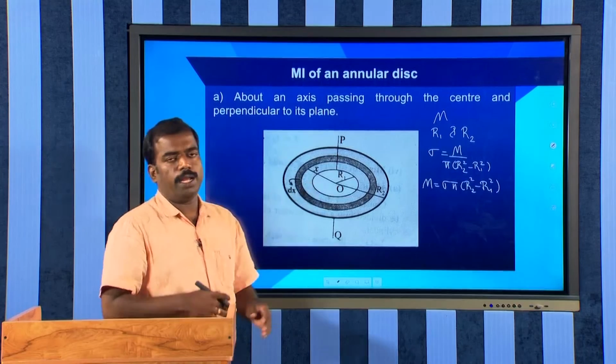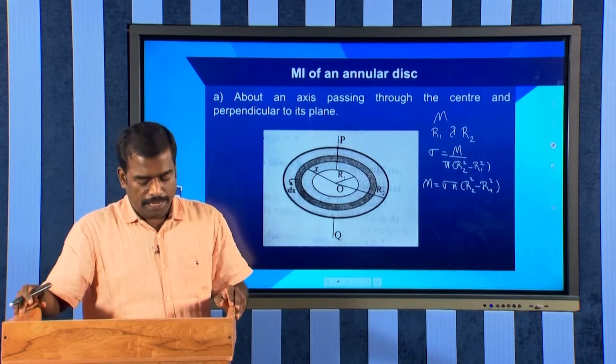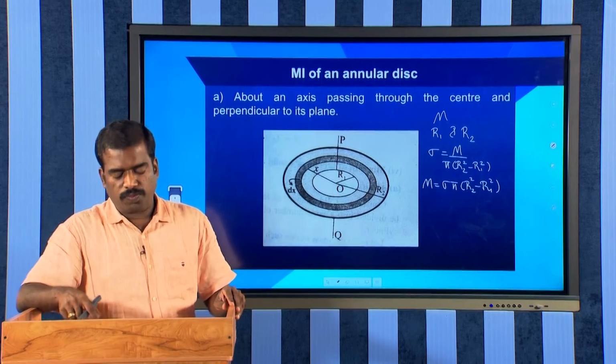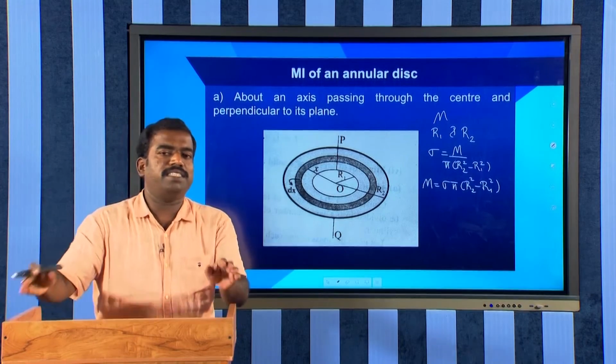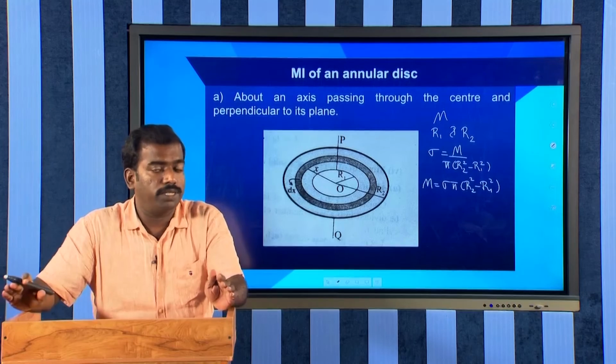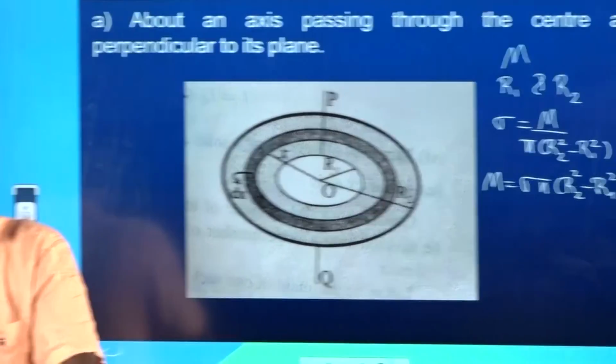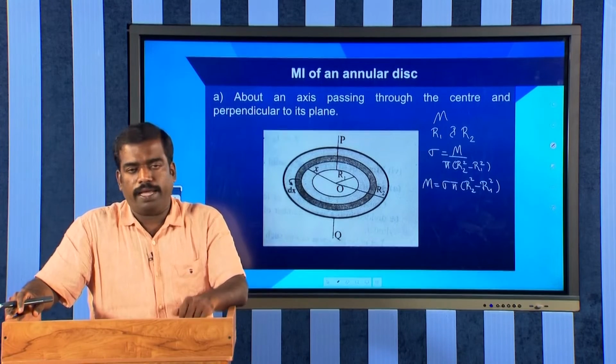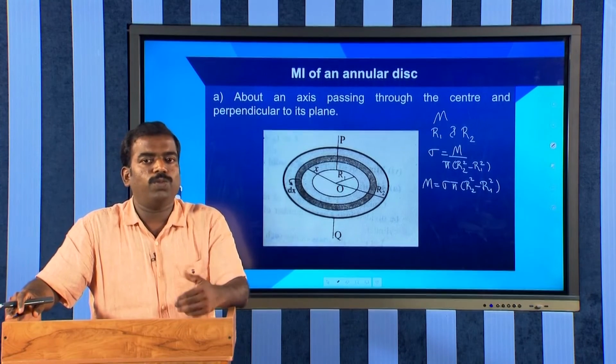So, we consider an annular disk of mass capital M, inner radius R1 and outer radius R2. Here also we imagine that the disk is made up of a large number of concentric rings, and we will find the moment of inertia of one such ring about the axis. It is similar to what we obtained in the previous case.